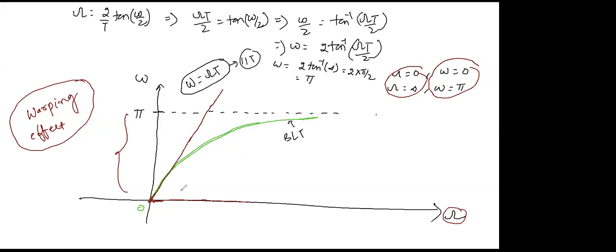Now see, in this bilinear transformation, for small values of analog frequency the relationship is linear. Up to this point it is linear. If it is linear, the magnitude and phase response you get in the analog domain using the analog filter, you will get the same in the digital filter.